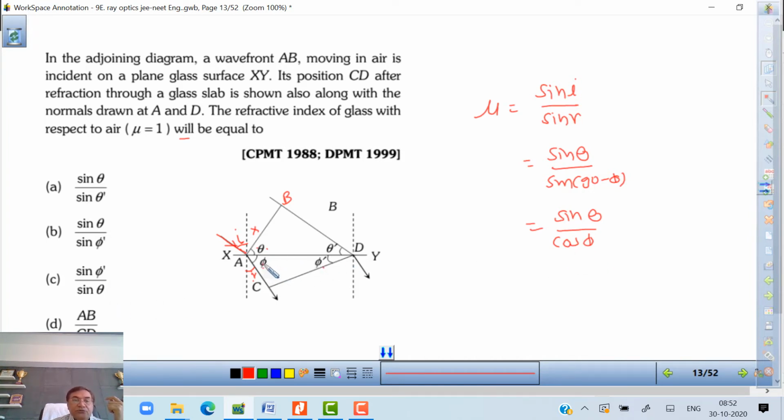So phi prime અહીંયા જો phi plus phi prime plus 90. તો અહીંયા હું શું લખી શકું, sin theta upon cos phi is what? Cos 90 minus phi prime. સમજમાં આવ્યું? And therefore sin theta upon sin phi prime. So it is converted into phi and phi prime, theta and phi prime. So this is the option B is the correct one, I think so.